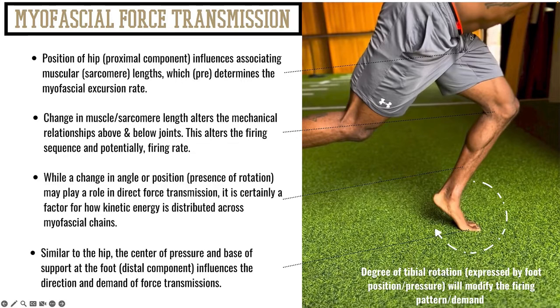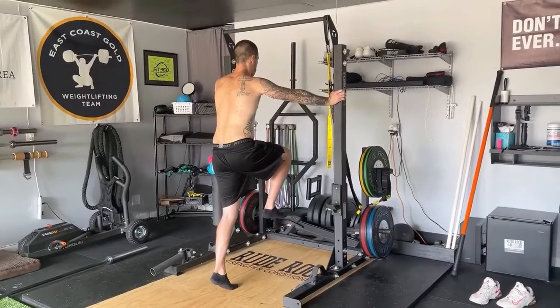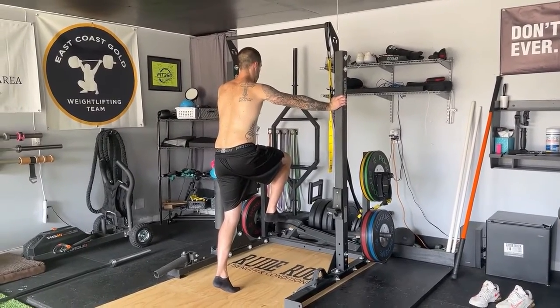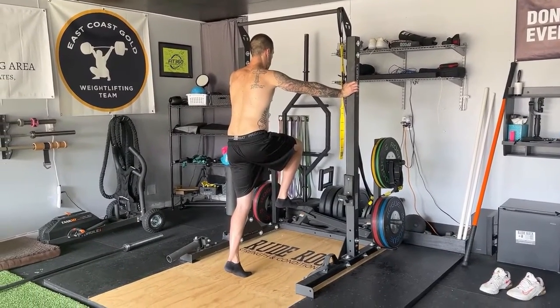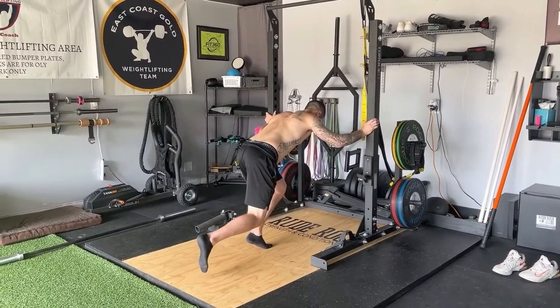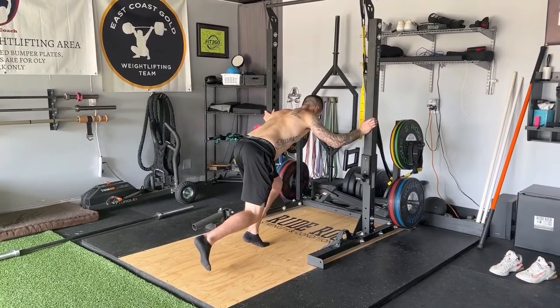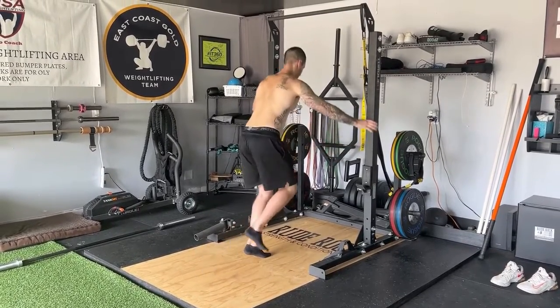Whether we're looking at this from the myofascial line perspective or just from the conventional agonist-antagonist coupling perspective, our trunk position is going to determine how our thigh is going to function here. In addition to that, we're going to see a change in the sarcomere length, which is going to change the mechanical relationships.